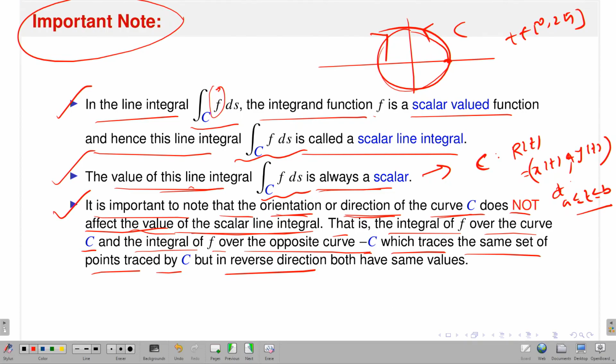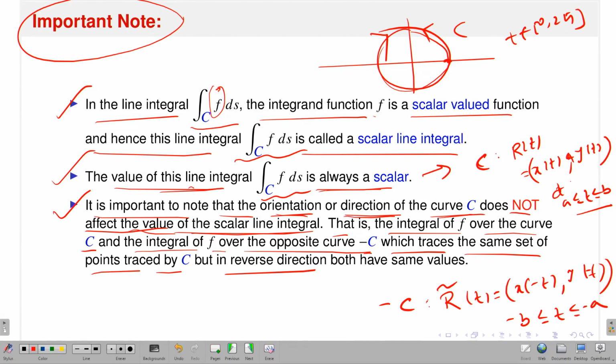What is the parameterization of minus C? You can check at home that minus C has the parameterization r twiddle of t, which is x of minus t, y of minus t, where t runs from minus b to minus a.